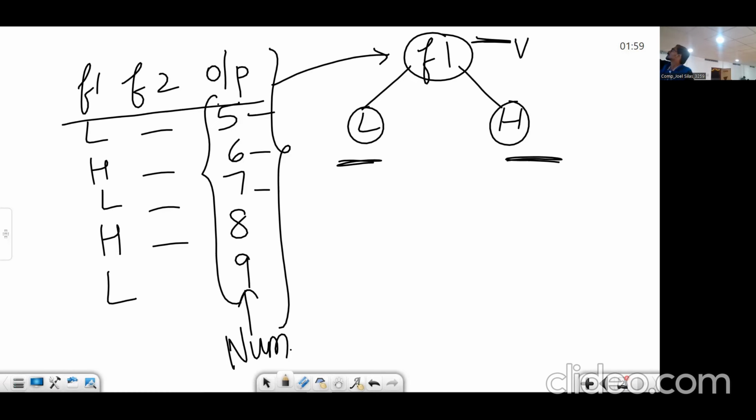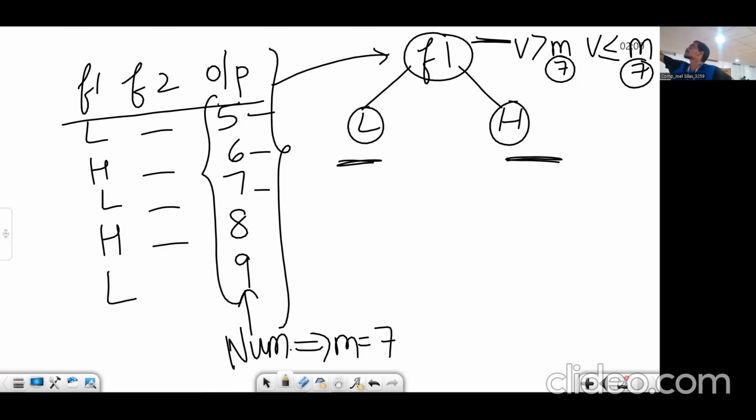Value greater than mean and value less than equal to mean. We know that mean is 7. So which values are greater than the mean? 7, and which values are less than the mean?